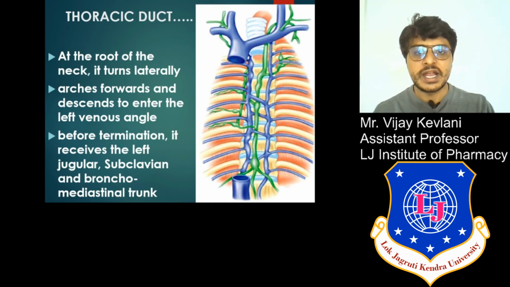At the root of the neck, it turns laterally, arcs forward and descends to enter the left venous angle. Before termination, it receives the left jugular, subclavian and bronchomediastinal trunks. You can see that here in the figure.